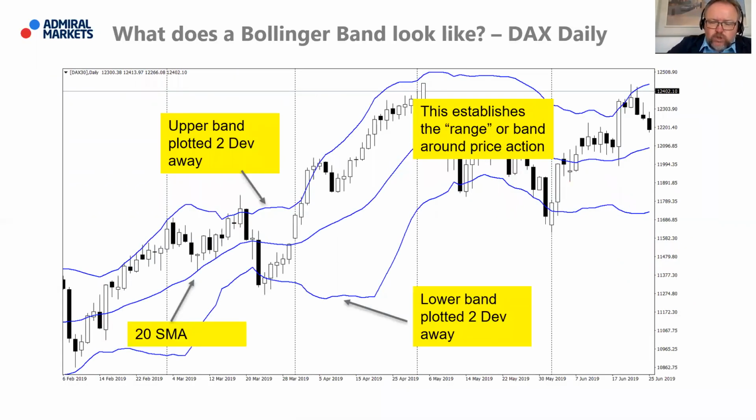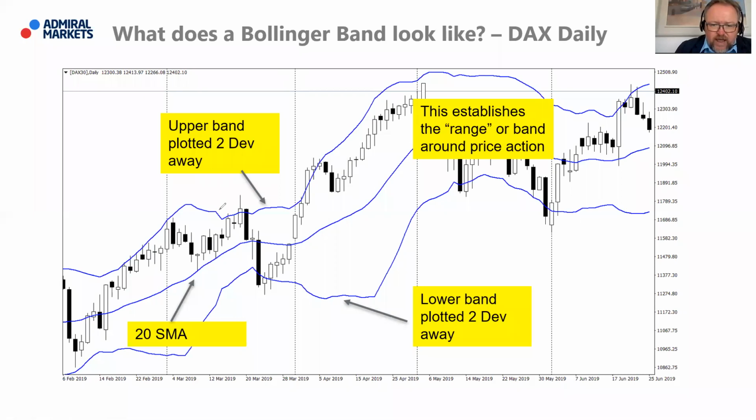So, what does a Bollinger Band look like? Remember, as we were saying, it's effectively two bands plotted 2 standard deviations away. Although you may wish to change that yourself, the standard setting is a 20 SMA here, which we can actually see. Let's use our tools here to draw it in.